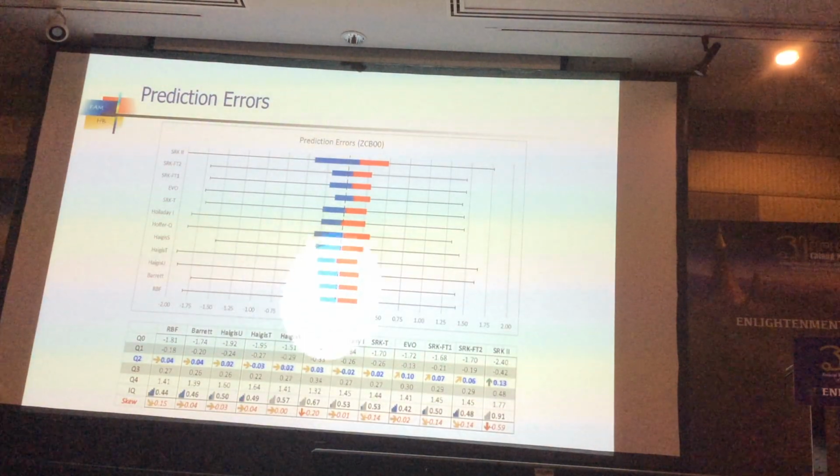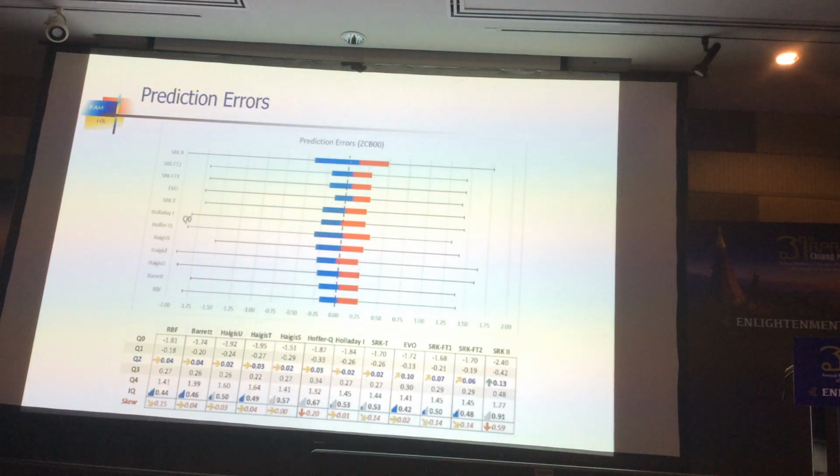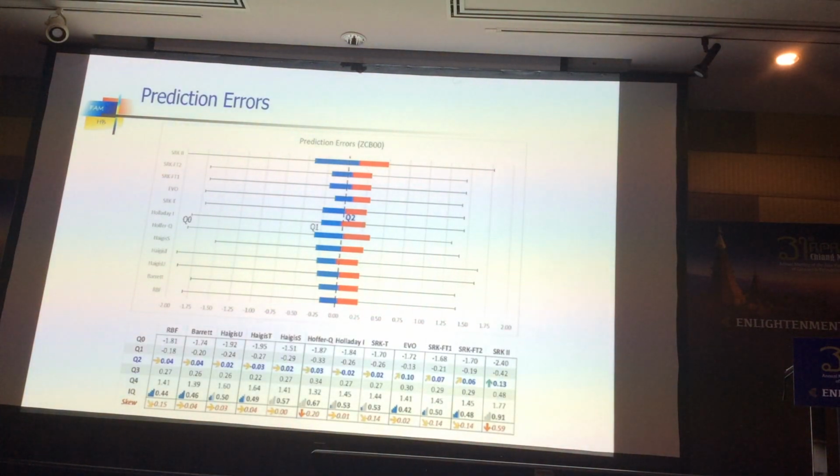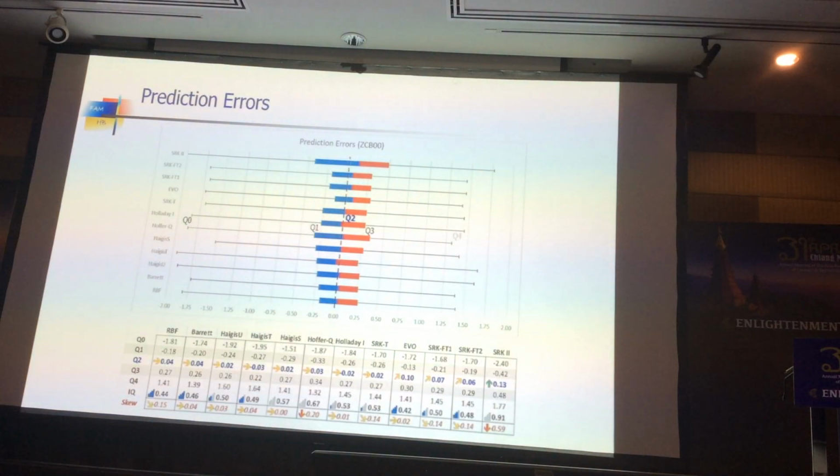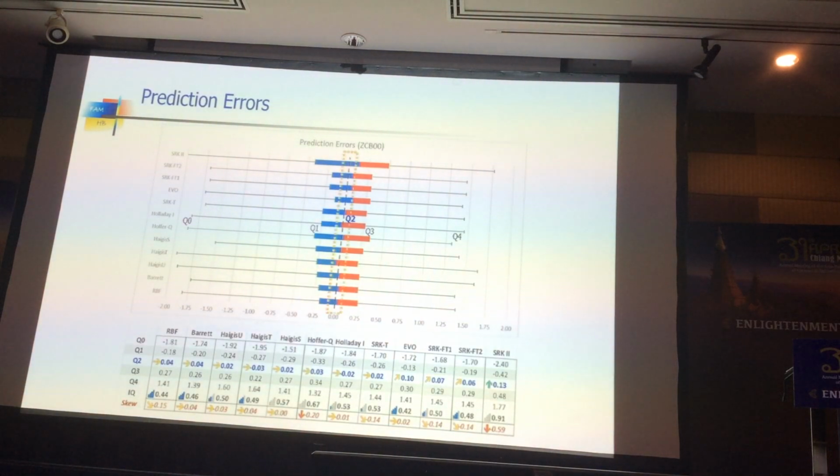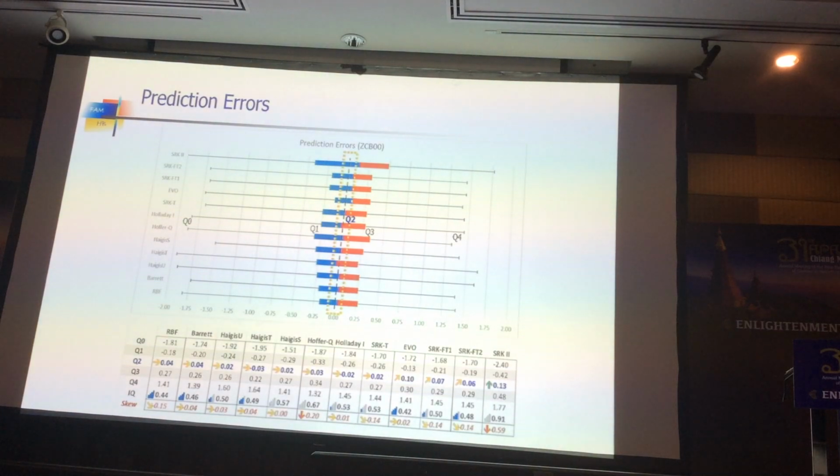So you have the 0 quartile, the first quartile, the second quartile or the median, the third quartile, and the fourth quartile. The important thing is to make sure that the median is as close to 0 as possible. That means on average, you're all right.